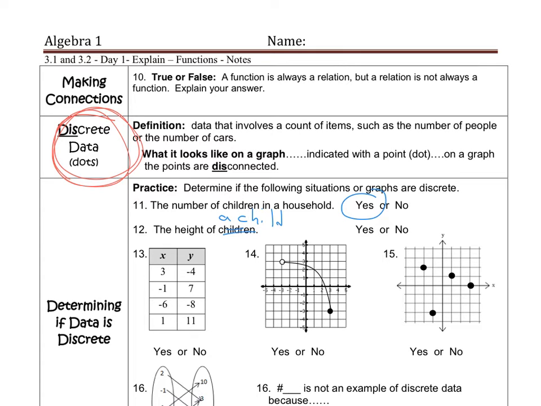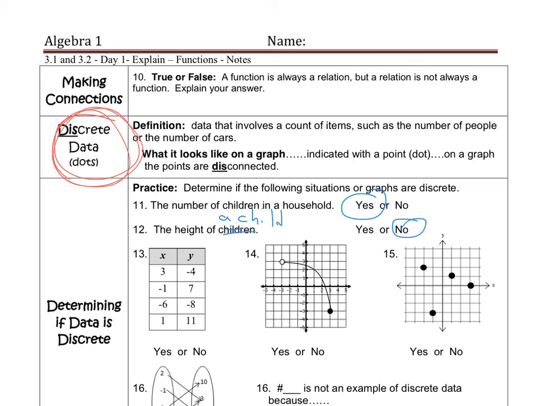As they grow throughout their lifetime, they're going to pass through every millimeter between 19 inches tall and however tall they end up at full height, 5.5, 6.5 feet, something in there. So that is not discrete data, because it would be a line that includes every single height between what they're born in and what they eventually die in. So no, that is not discrete data.